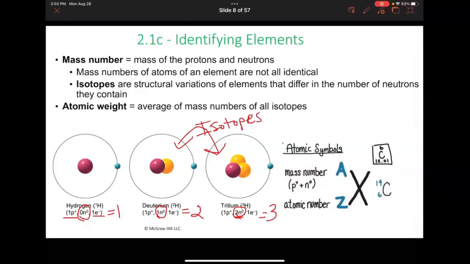The atomic weight that we see here again in the box is going to be the average of mass numbers of all the possible isotopes this atom can have. So the average weight here for hydrogen will be 1 plus 2 plus 3 divided by 3, if that were all the isotopes for hydrogen.